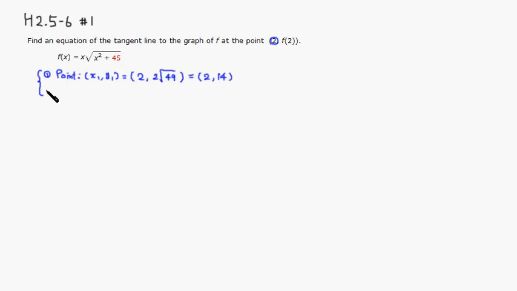The second piece of information we need is the slope. As usual, I'm going to call this m. We can find this by simply taking the derivative of the function and then plugging in 2.